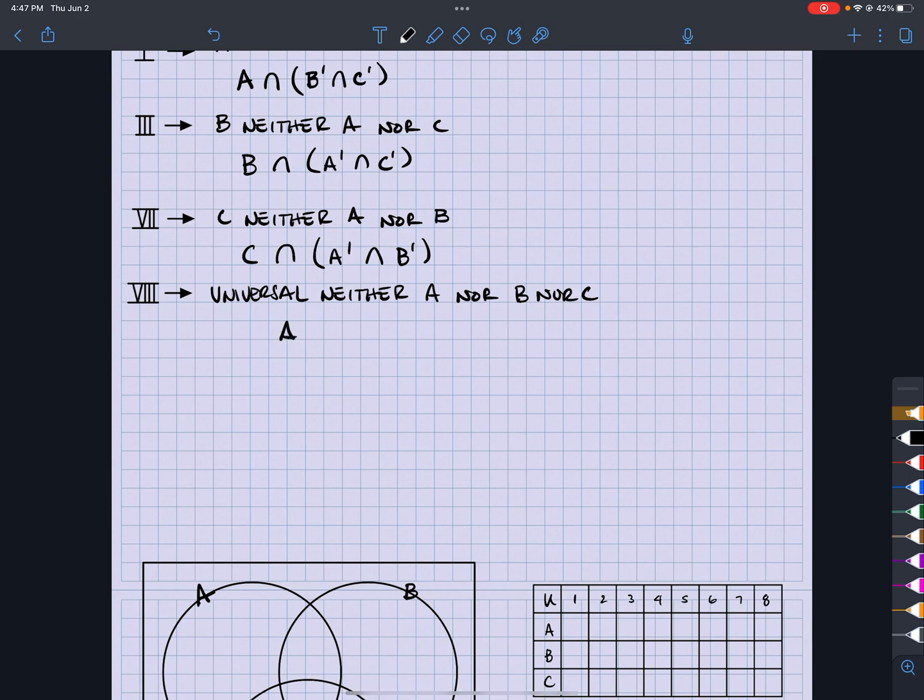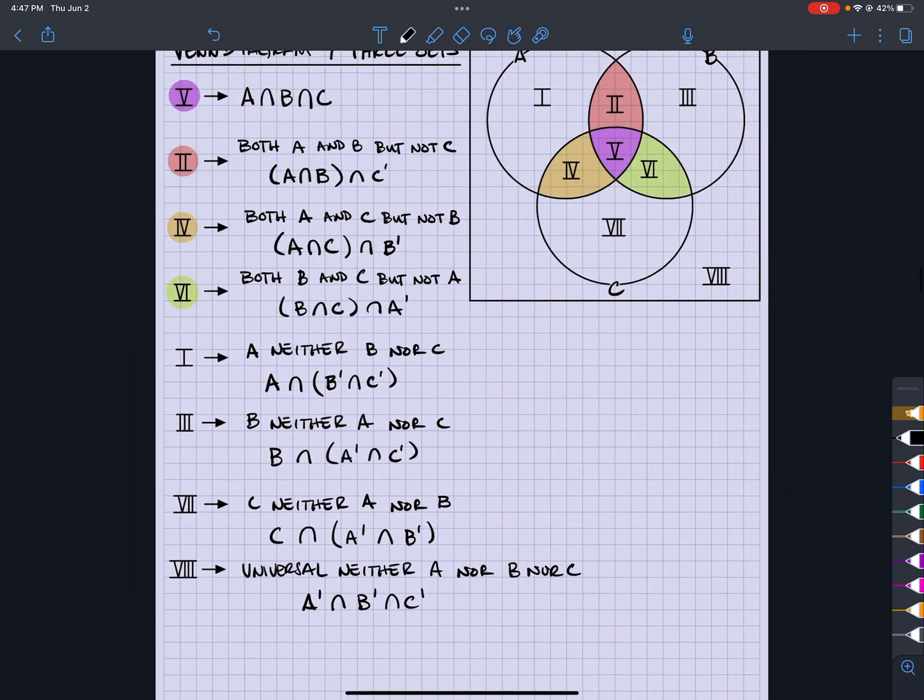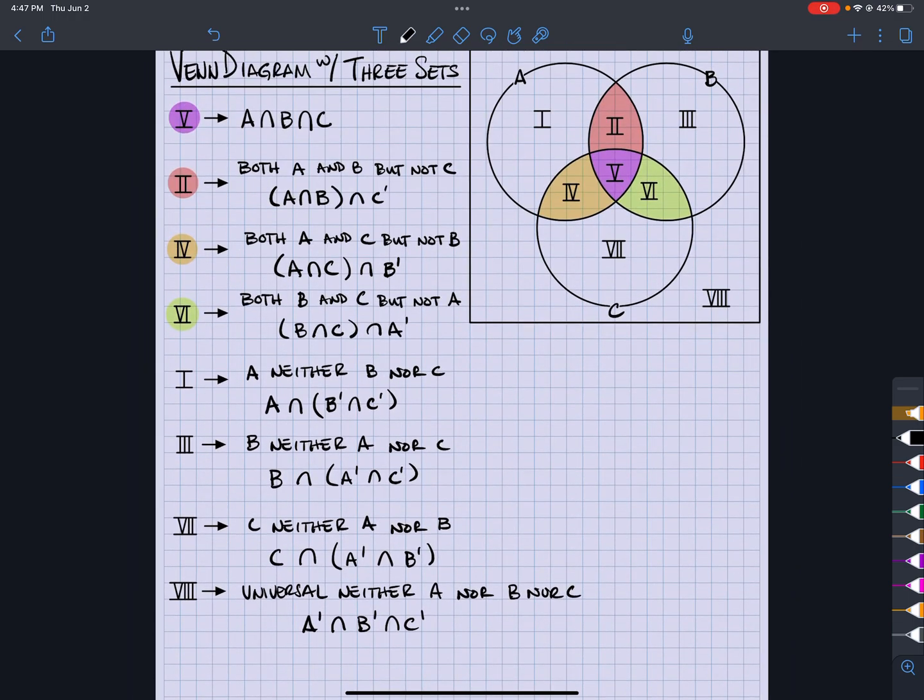We just say not A, intersect with not B, intersect with not C. And that's all we got to do. So that is where everything is at.